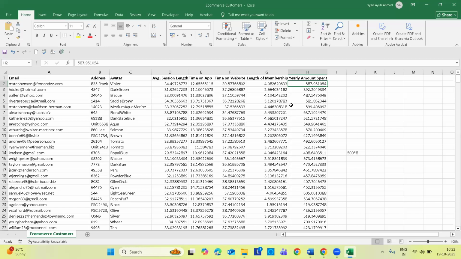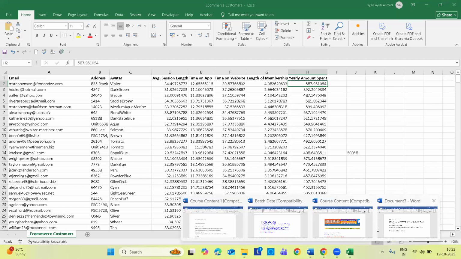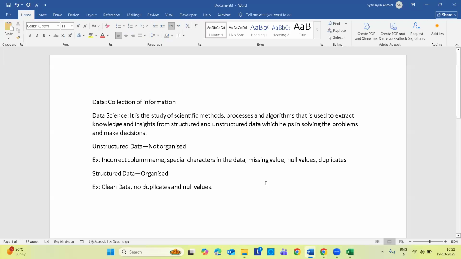So data science generally will combine, as I was explaining, your mathematics, computer science and other subjects as well. For example, domain expertise like healthcare or insurance, finance, like that. So these all are used in data science.